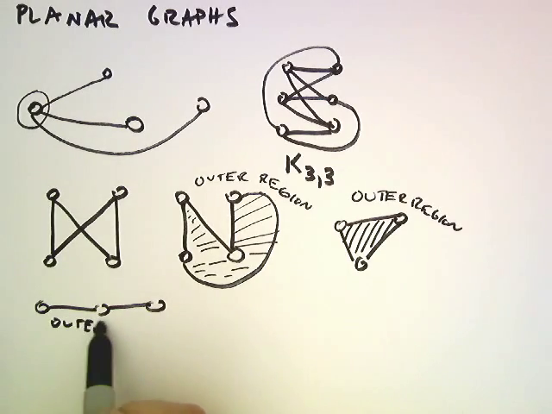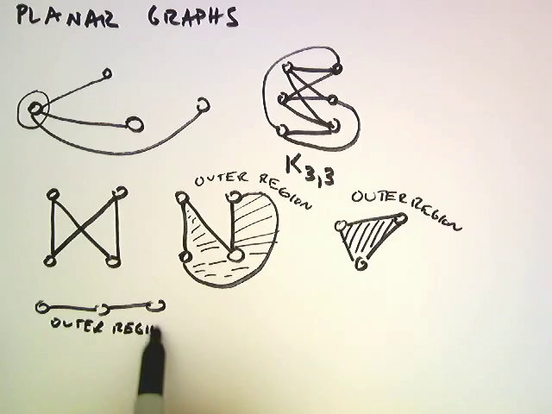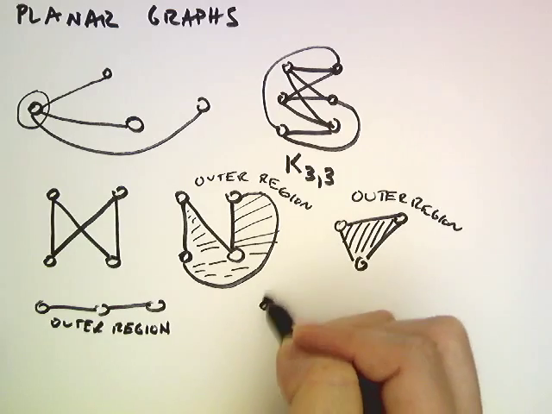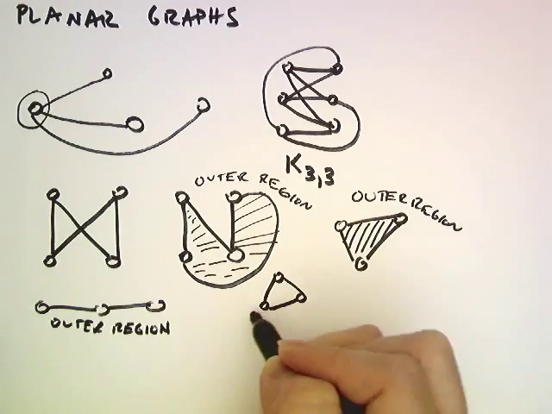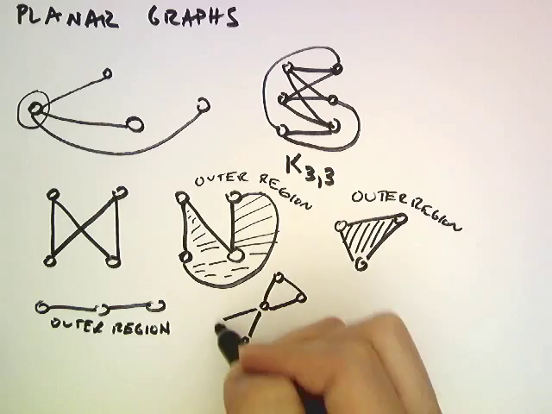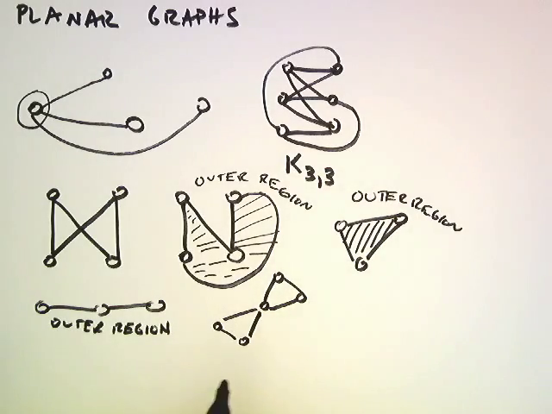It's the outer region. There are no internal regions formed from this particular graph. You can have this hourglass-looking graph. It induces 3 regions. There's the region here, the region here, and then again there's the outer region.